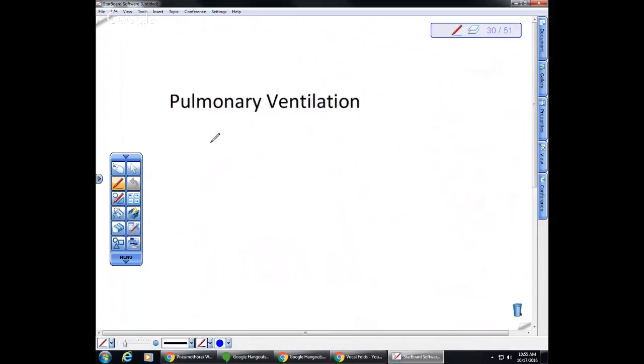So we can talk about pulmonary pressure or ventilation, and this is a type of negative pressure breathing. And this is significant. This is versus positive pressure.